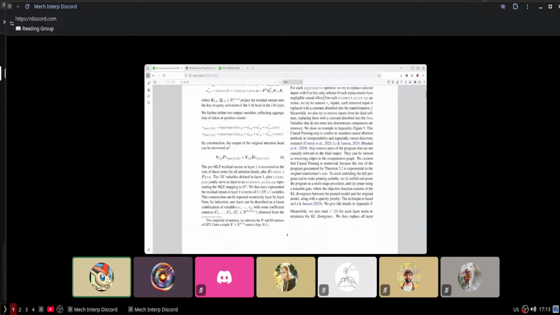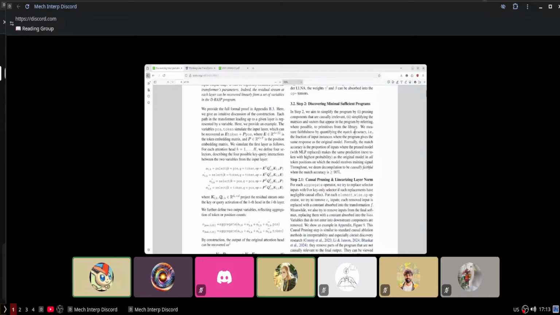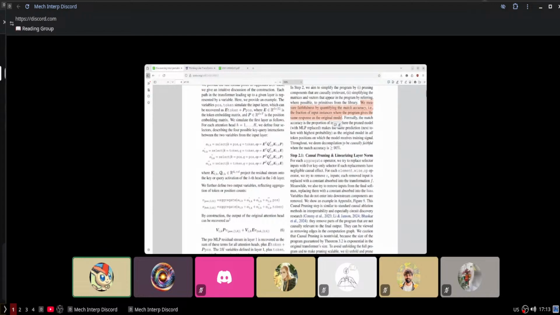They say it here: match accuracy. We measure match accuracy, the fraction of input instances where the program gives the same response as the original model. So it's seeing how much it changes the outputs. The compilation is deemed causally faithful if the match accuracy is more than 90%.